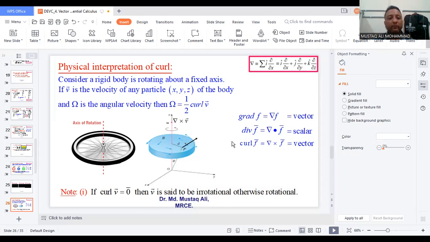So here the angular velocity gives the curl of the vector point function. Okay. If curl F bar or curl V bar is equal to 0, then V bar is said to be irrotational, or otherwise it is said to be rotational. Okay.